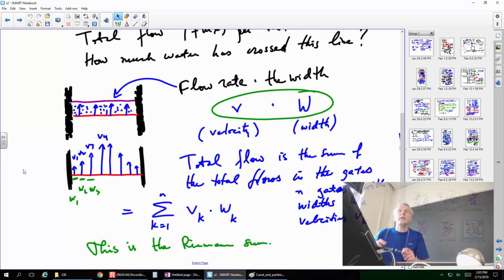The arrow represents the speed, and the longer that arrow is, the more water has crossed the line at that particular location, right? So no surprise that we end up with a summation that resembles the Riemann sum to begin with. And why does it resemble it so much?